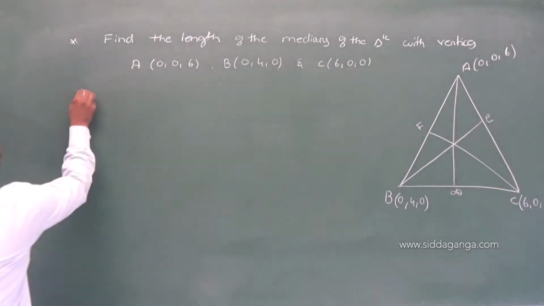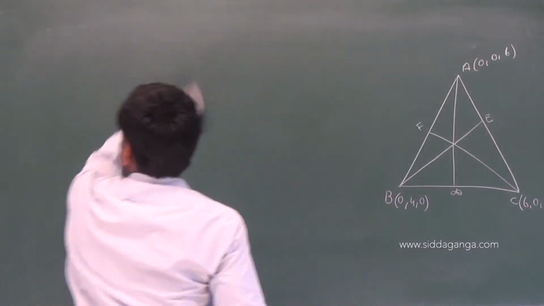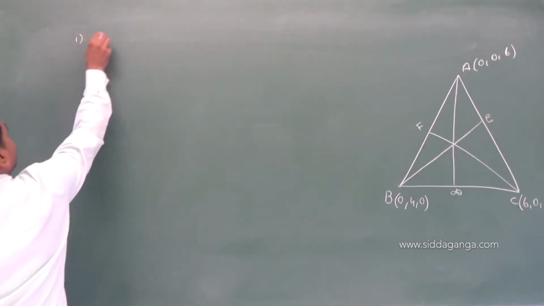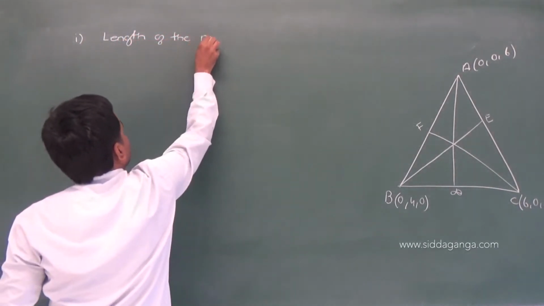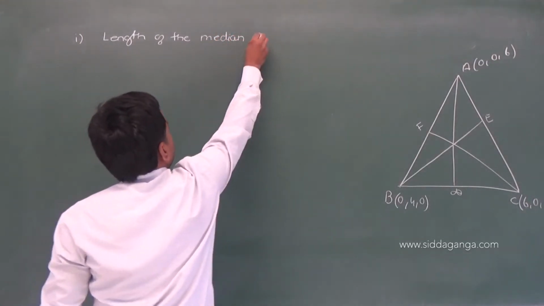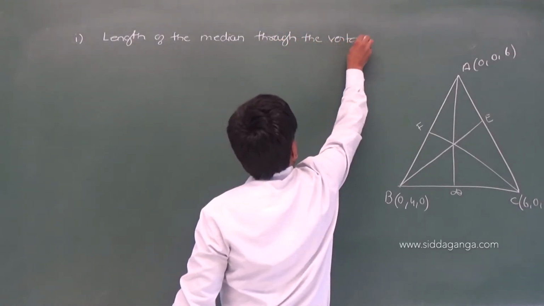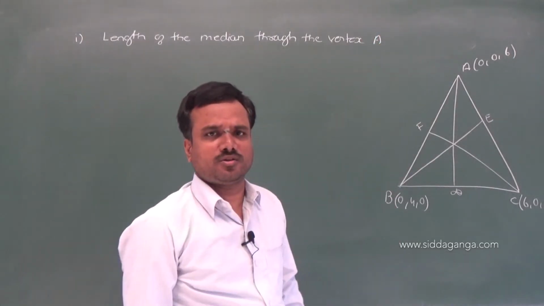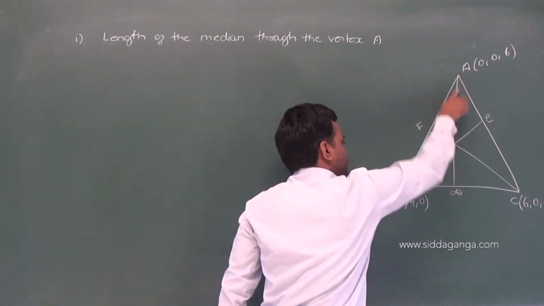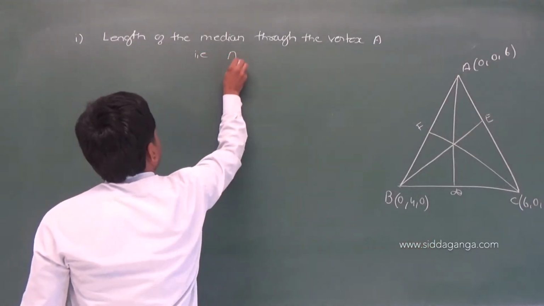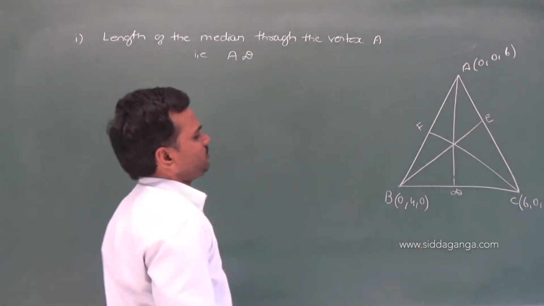Okay, first, number 1. Length of the median through the vertex A. So that is nothing but AD.